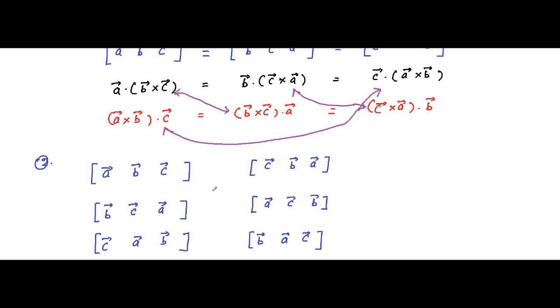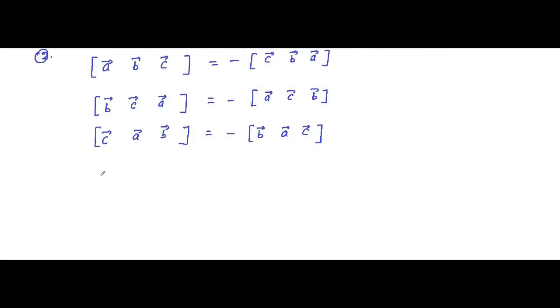Then they will be equal in magnitude but opposite in sign. Why? Let us write the scalar triple product of A vector, B vector, C vector as A vector cross B vector dot C vector.